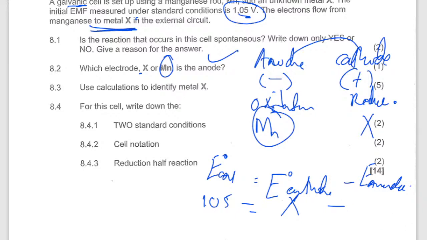You go to the reactivity series and you'll find manganese there as negative 1.18. So now you find X.